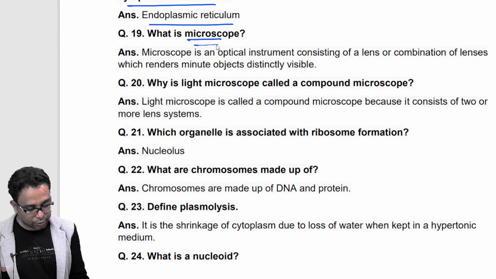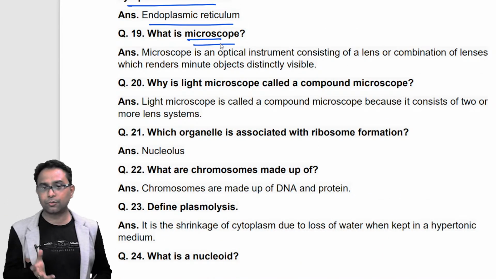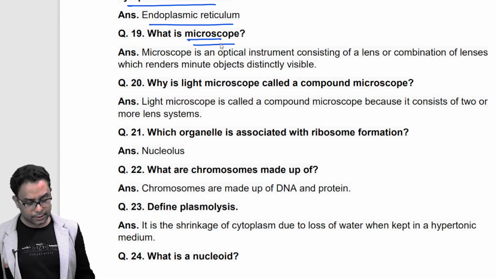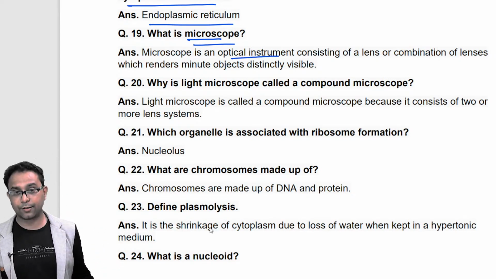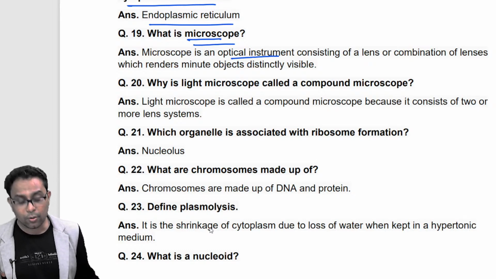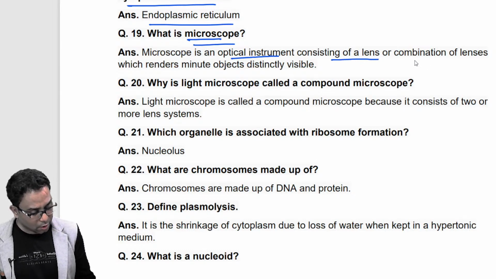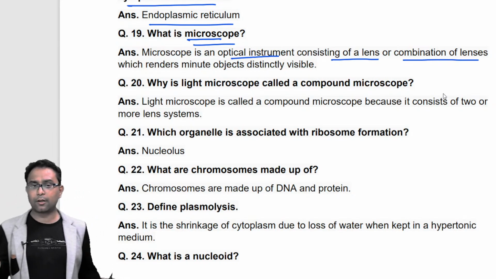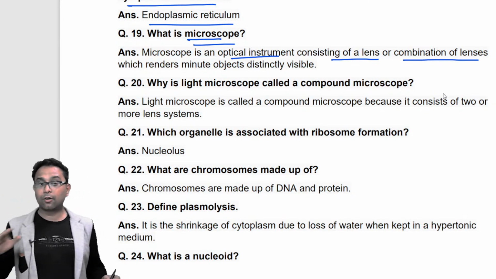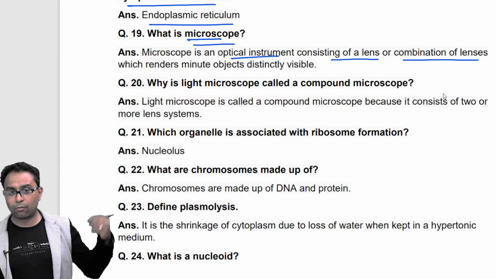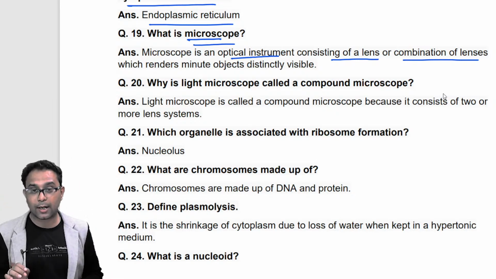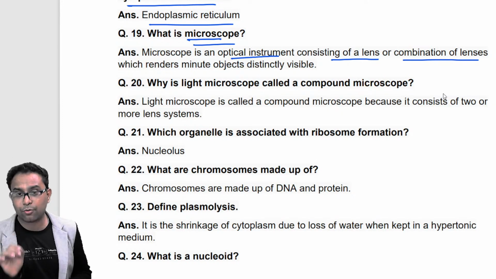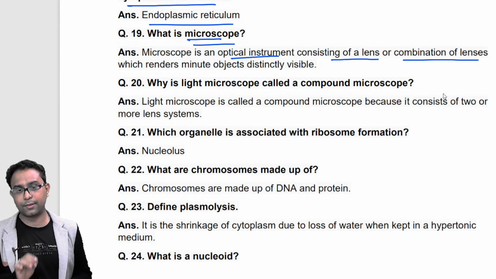What is the microscope? A microscope is an optical instrument which consists of a lens or a combination of lenses. A simple microscope has only a single lens, but a compound microscope has more than one lens, which ultimately renders the minute object distinctly visible.